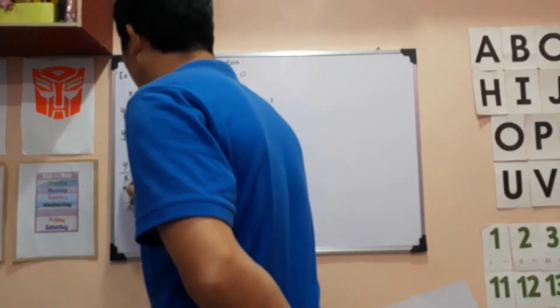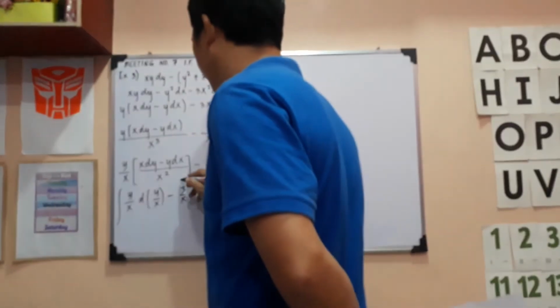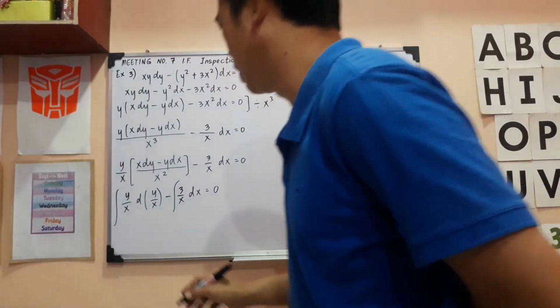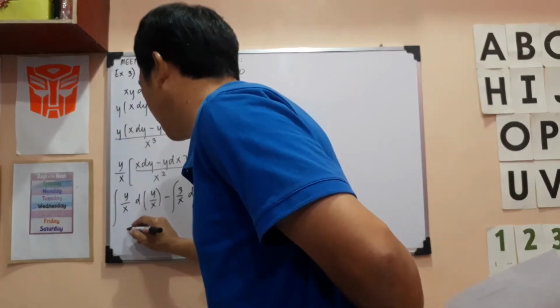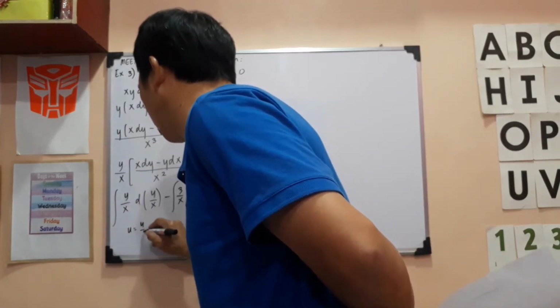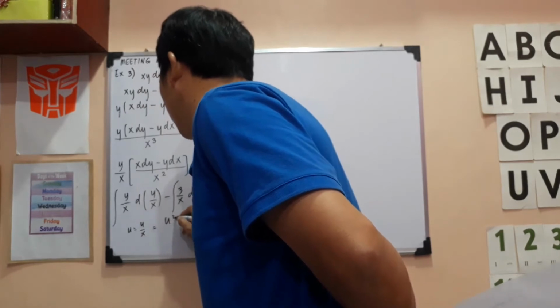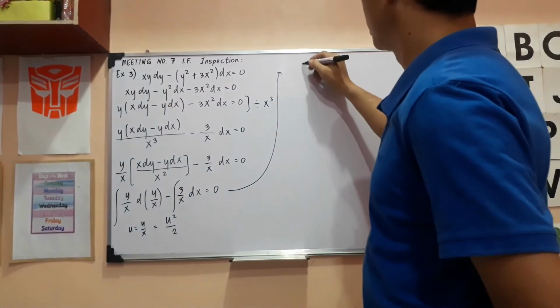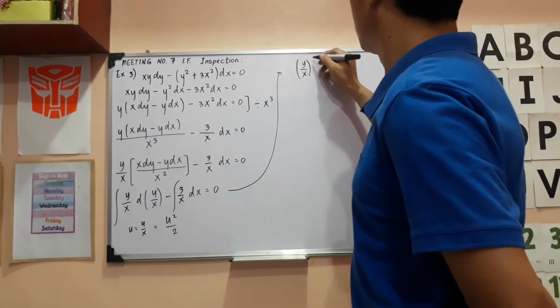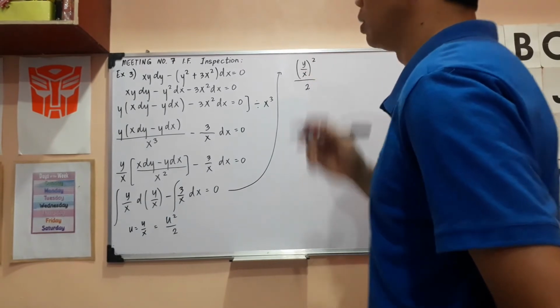And then now, I will integrate. Okay? So, I have here, imagine niyo parang u yan, ha? Di ba? Yan ay u is equal to y over x. So, that is u squared over 2. So, ano mangyayari? Parang ganito, oh. (y over x) squared over 2. Di ba?